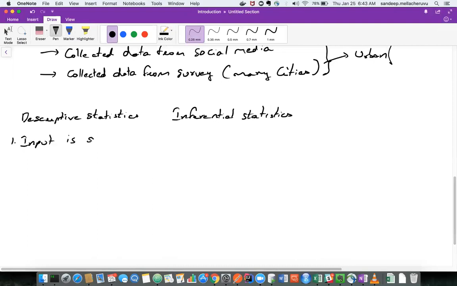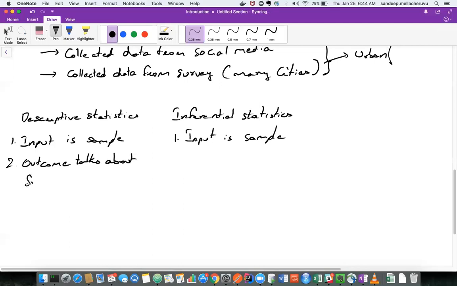You take the sample data and then do descriptive statistics or inferential statistics, but the outcome, what you get, in descriptive statistics, the outcome talks about the sample, but in inferential statistics, the outcome talks about the population.